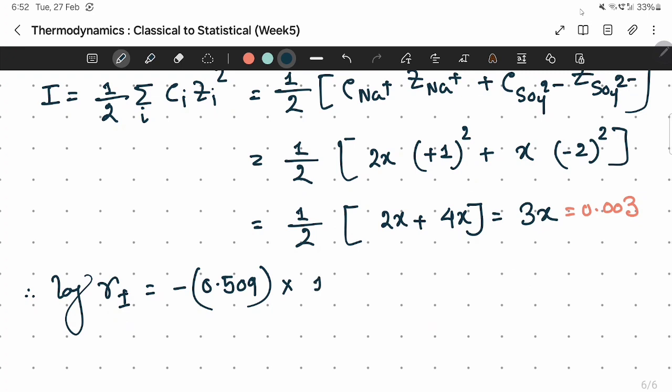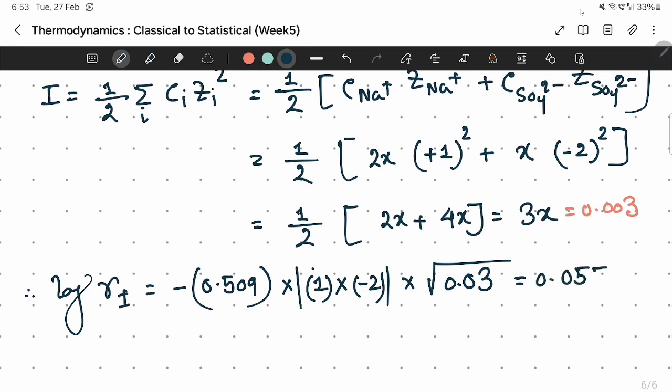What is the z plus? 1. What is the z minus? 2. But there is a mod. So it is not 0.003, it is 0.000558.